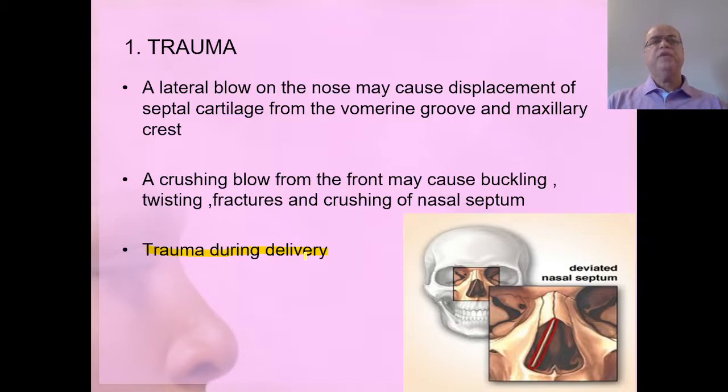So the history of clear cut sports injuries or road traffic accidents may be available or not, like this trivial trauma during childhood, during delivery, during intrauterine life. But still, the main etiological factor of deflected nasal septum is trauma.